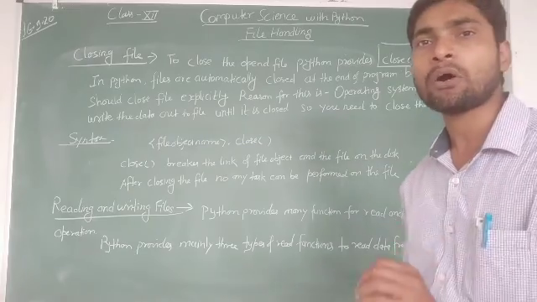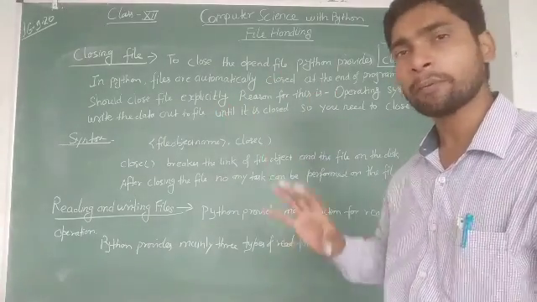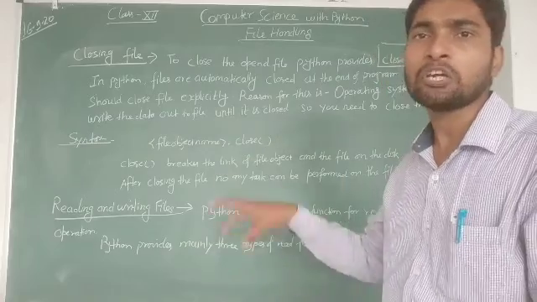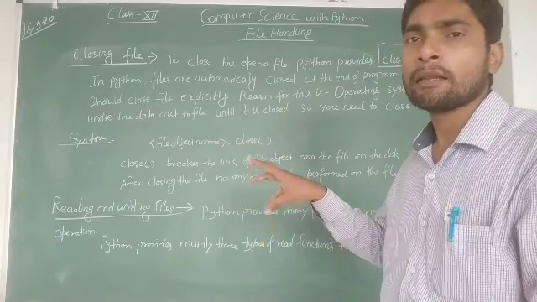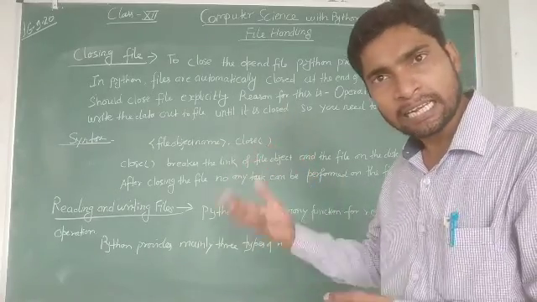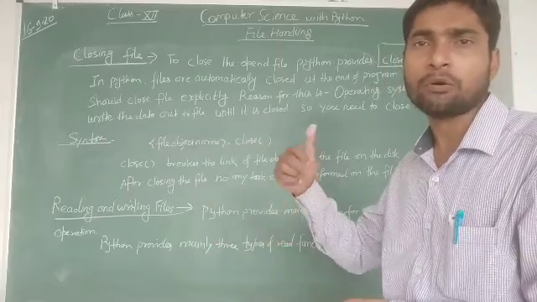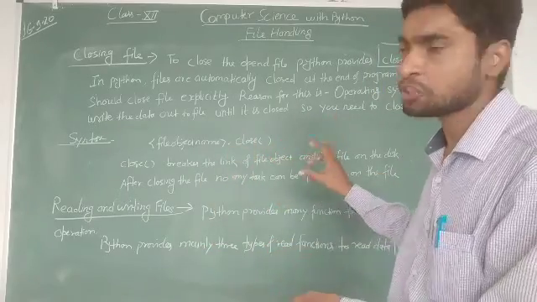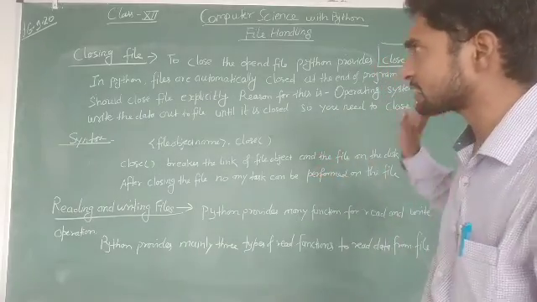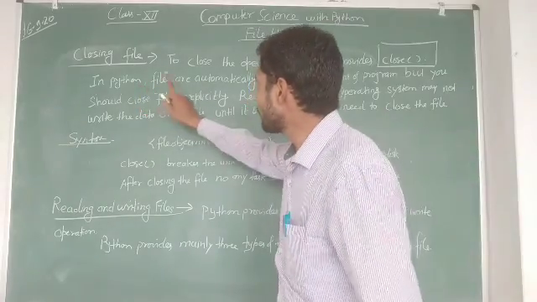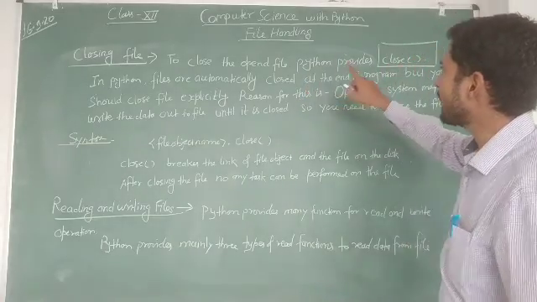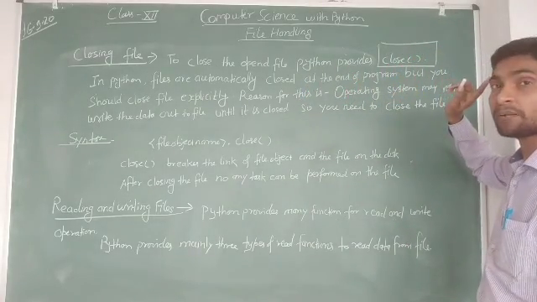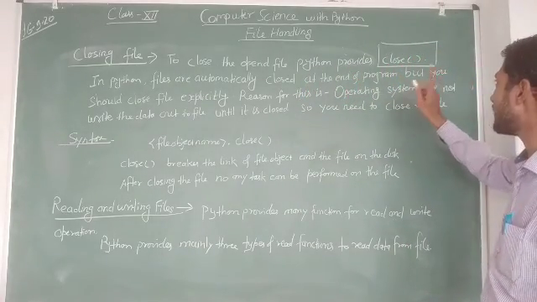I mean, when the program ends, Python automatically breaks the link that is established by the open function between the Python program and the file stored on the hard disk. So in Python, files are automatically closed at the end of the program.